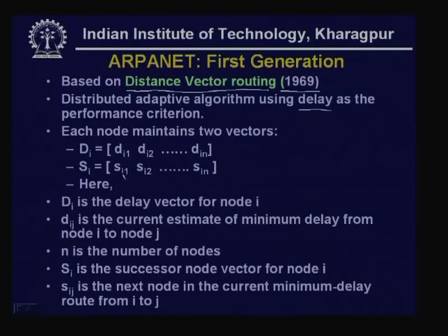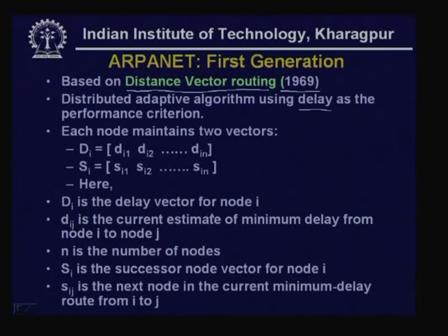So here, as you can see, the list of succession nodes is given: Si1, Si2, Sin, the succession nodes for node i, to where a packet has to be forwarded for sending to destination 1, 2 and n.